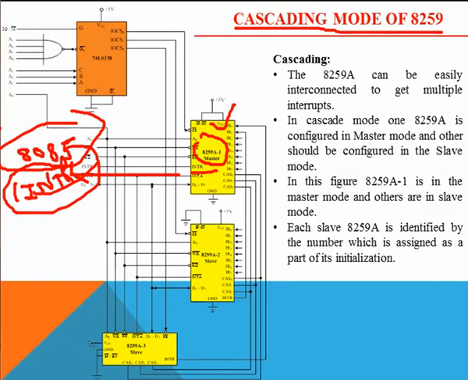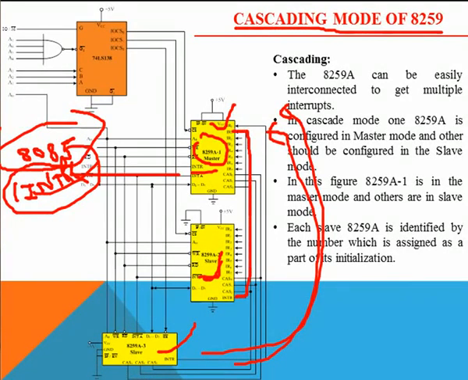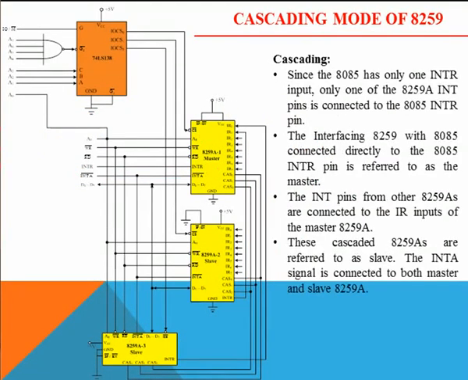The INT pins from the other 8259s, the second and third 8259, are connected to the IR inputs of the master 8259. Here the second 8259 INTR pin is connected to IR1 of the master, and the third 8259 INTR pin is connected to another IR input.